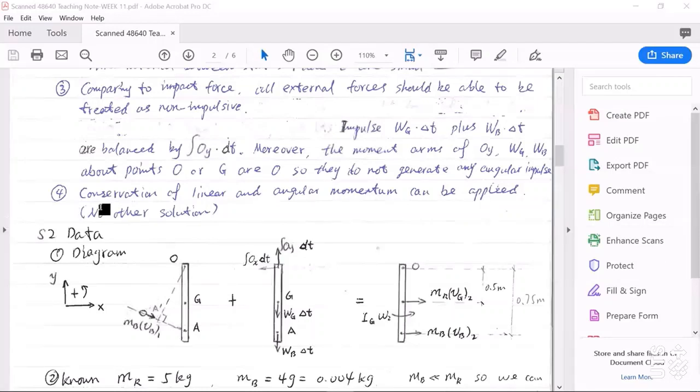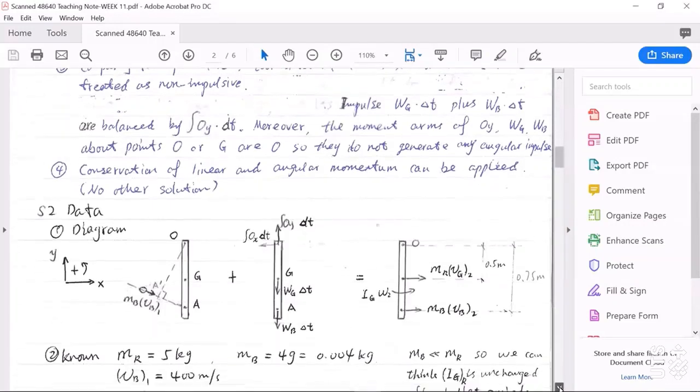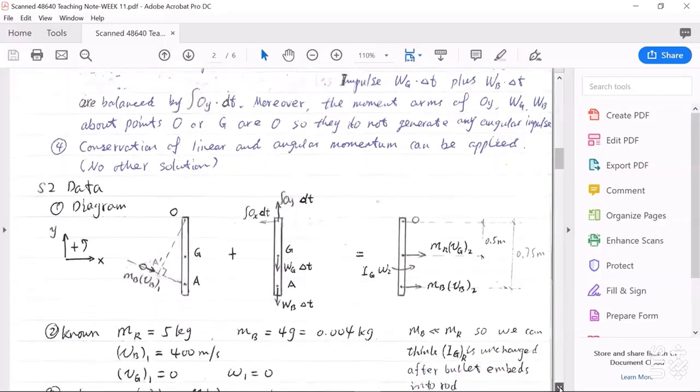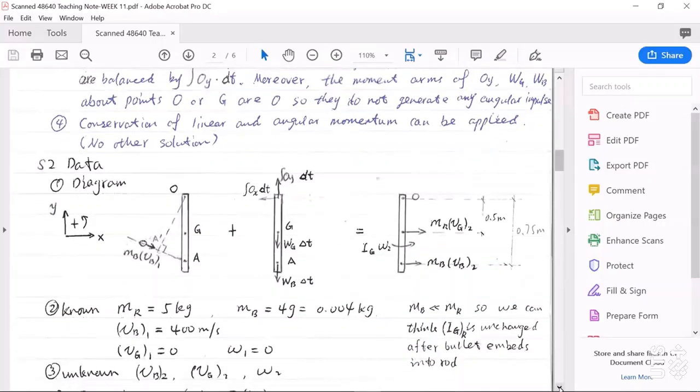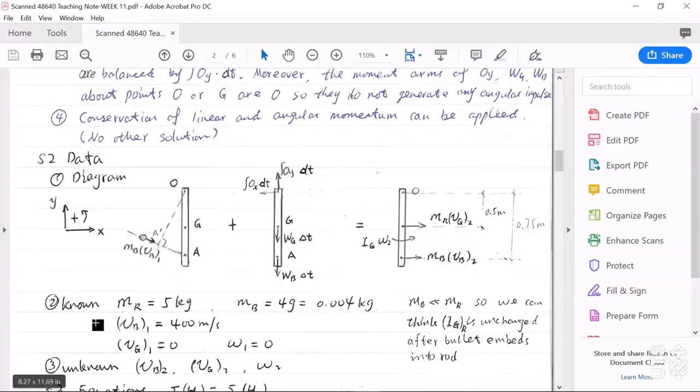Okay, for solving this problem, we have to use conservation of momentum. We already know the mass of this rod and the mass of this bullet. We know VB1, VG1, omega 1. For VB1, that's 400 meters per second.